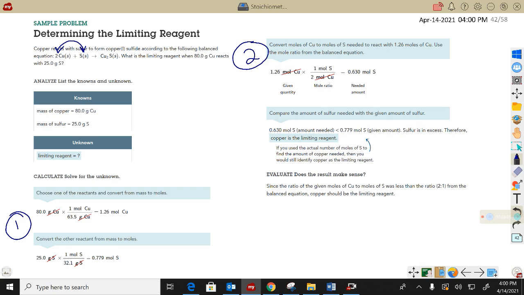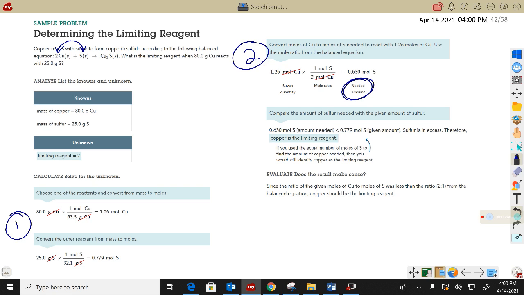We're trying to find the limiting reagent, which is the same as a reactant. So we're just converting between moles of one reactant and moles of another. What you calculate then is the amount of the other reactant that you need. It's like saying, if I were to react 1.26 moles of copper, I would need 0.63 moles of sulfur.